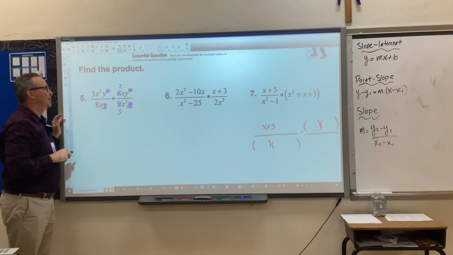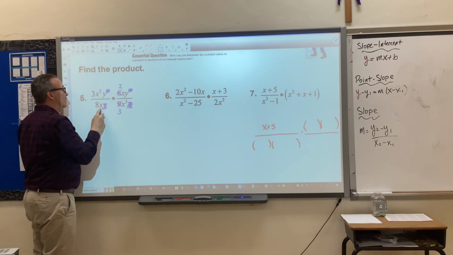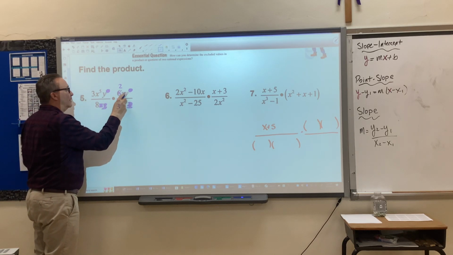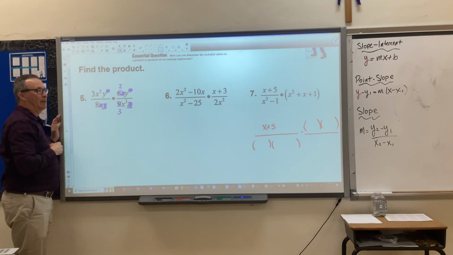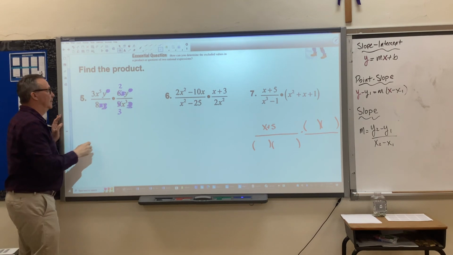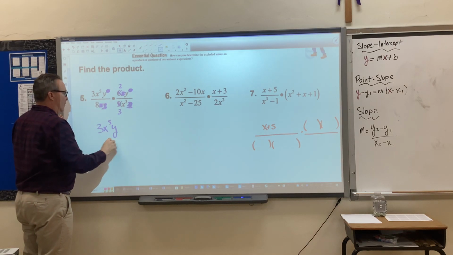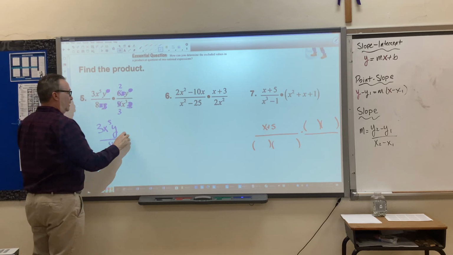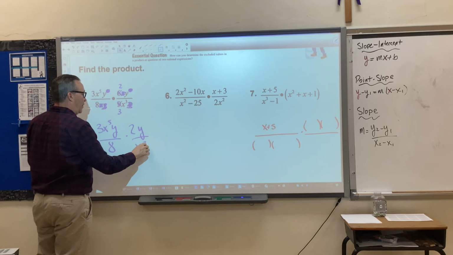Good. Now what? How about x's? The cross ones, the 2x and the 8x, or the x will cancel. You just want to cancel that x and that x. Great. Should we rewrite? It's getting a little ugly. So 3x to the fifth y over 8 and 2y over x to the third.